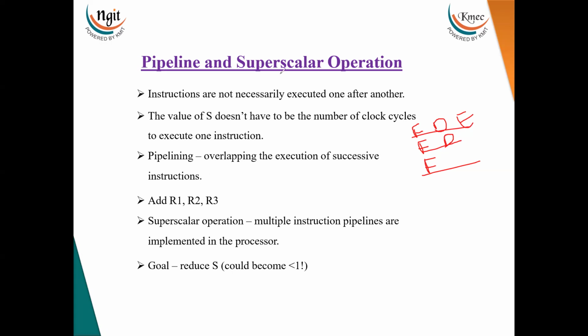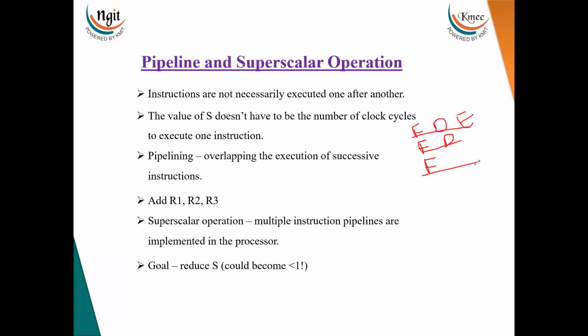And another one is superscalar operation. Superscalar operation is nothing but introducing multiple functional units. Instead of having one ALU unit, if we have multiple functional units, then depending upon which instruction we need to execute, we can send that instruction to that particular functional unit.